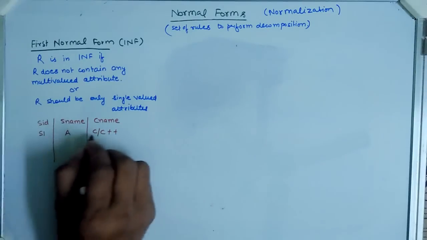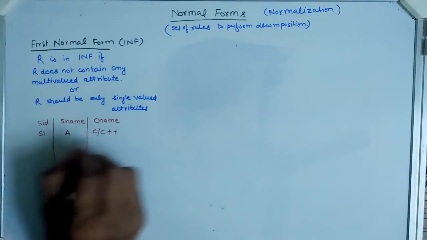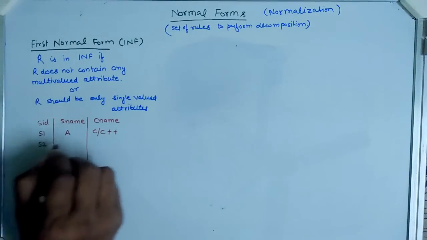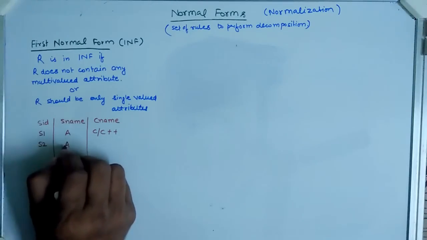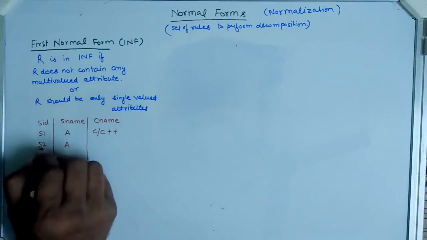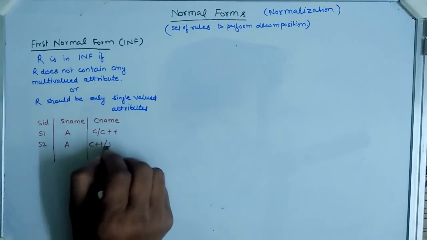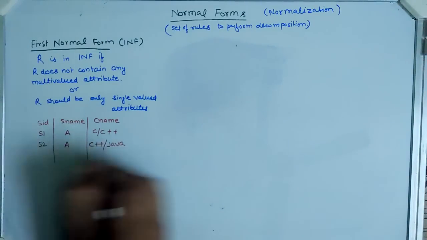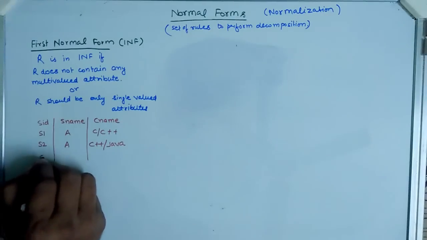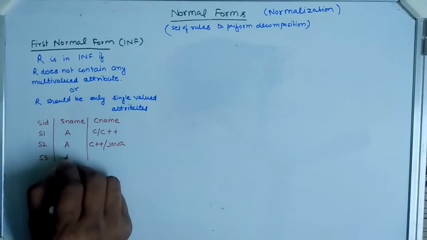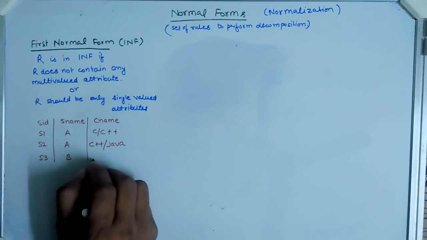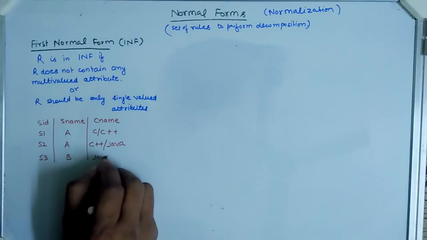So this student studied two courses, C and C++. Similarly, student S2 with the same name, different ID, may study C++ along with Java. Similarly, another student S3 with different name may study only Java.